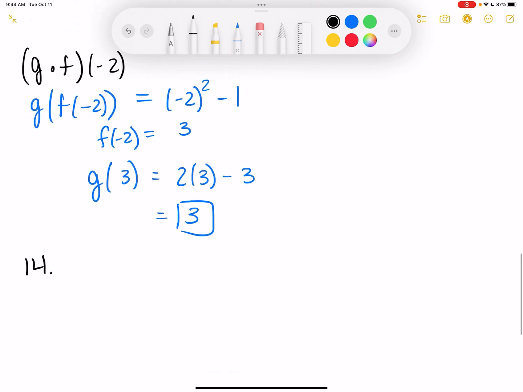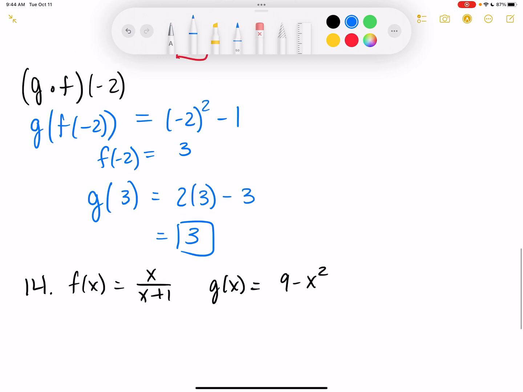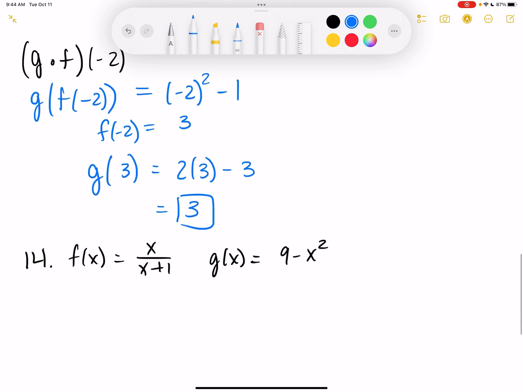We're still doing that, but f of x is equal to x over x plus 1, and g of x is 9 minus x squared. So f of g of 3.